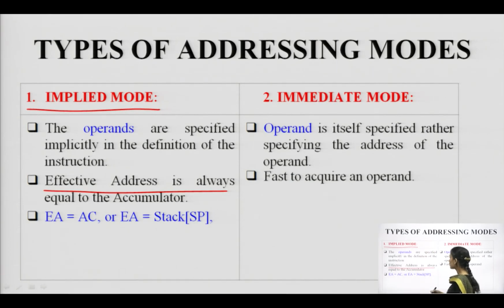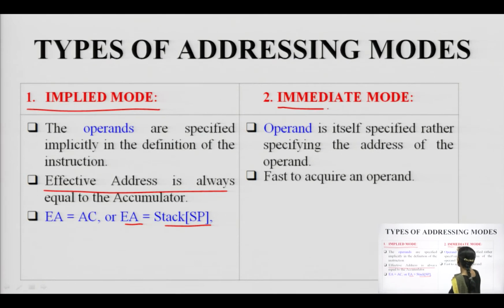The effective address is always equal to the accumulator in this case. If I am dealing with stack organization, suppose I have written push or pop, that is also a kind of implied mode instruction, because I am not specifying my operand nor my address anywhere. So, in that case my EA will be the stack pointer value.